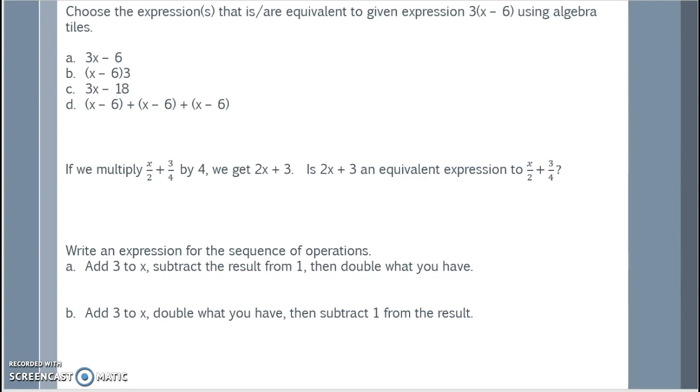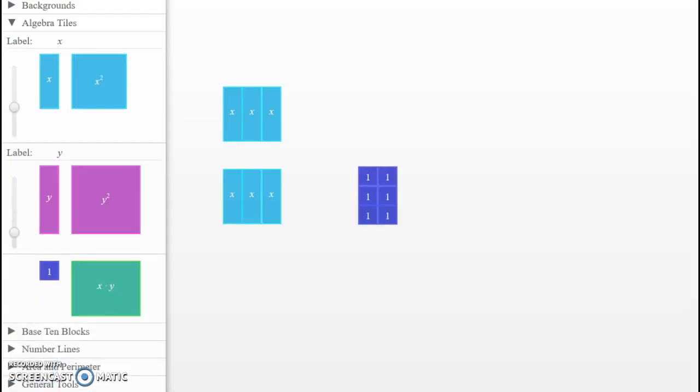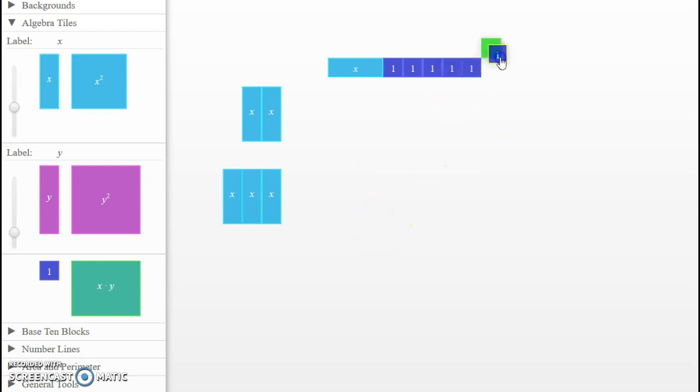Choose the expression or expressions that is or are equivalent to the expression 3 times the quantity x minus 6 using algebra tiles. Our original expression is 3 times the quantity of x minus 6. So we need 3 of x minus 6. I'm just going to turn all of these negative so that they become x minus 6.